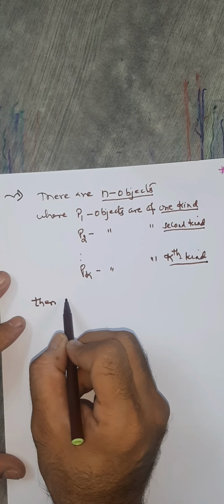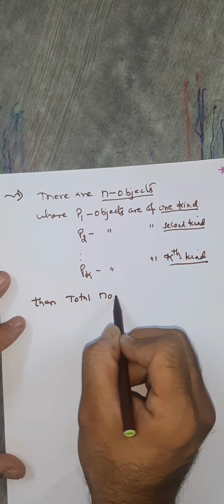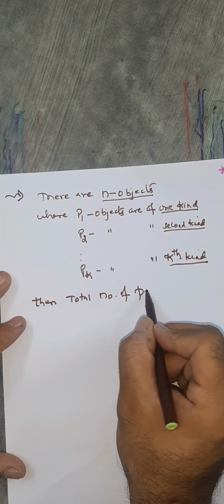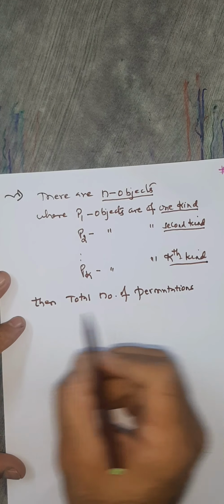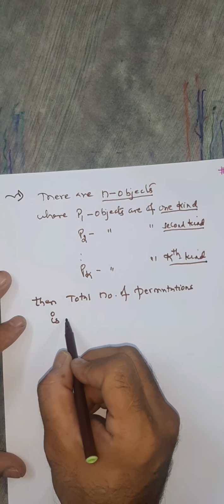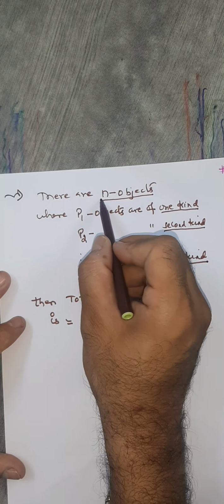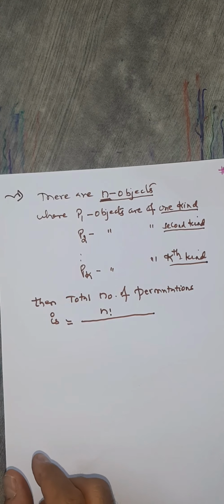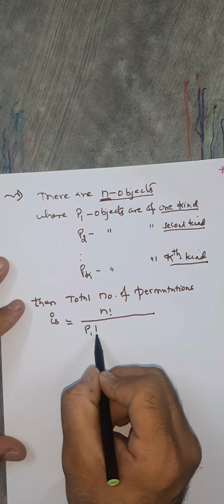Then total number of permutations is equal to, this is the formula as I explained: total objects n, so n factorial. P1 objects are of same kind, so upon P1 factorial.